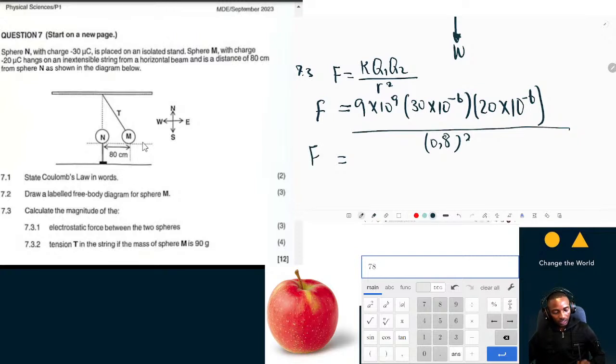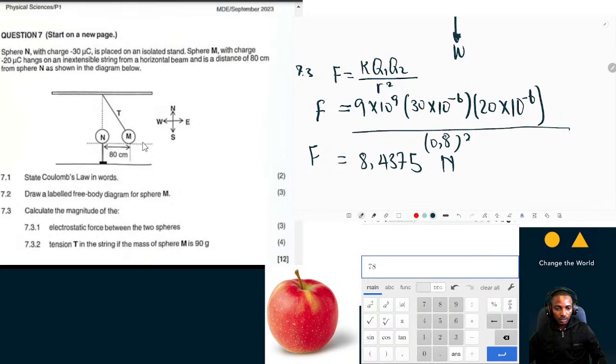All right. So now we can use our calculator to calculate the final answer. Then 20 exponent minus 6 over 0.8 all squared. So the final answer will be 8.4375 newtons.